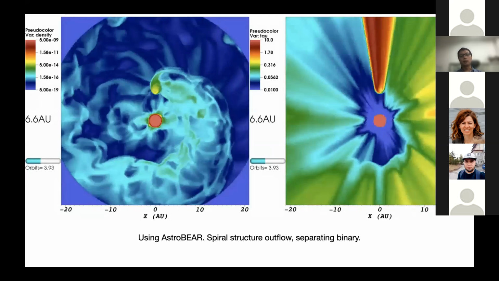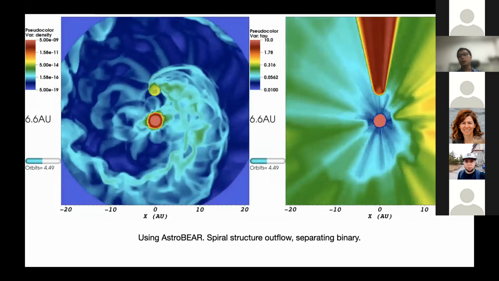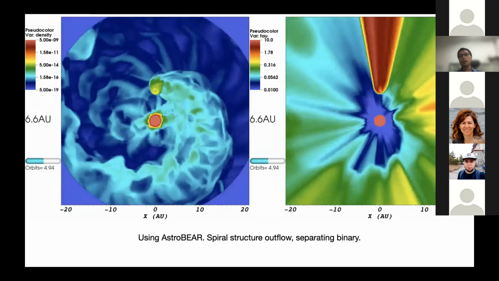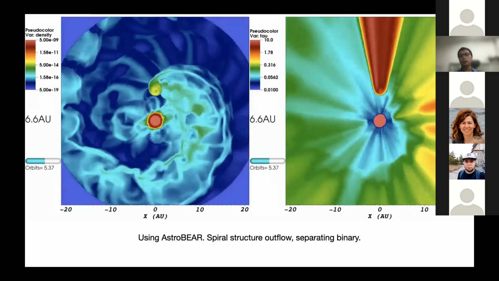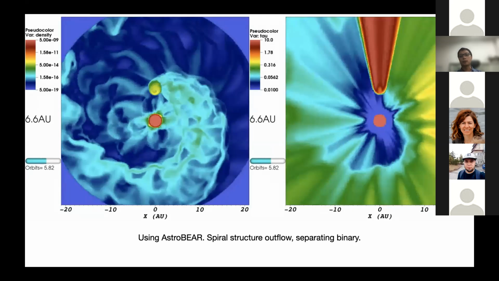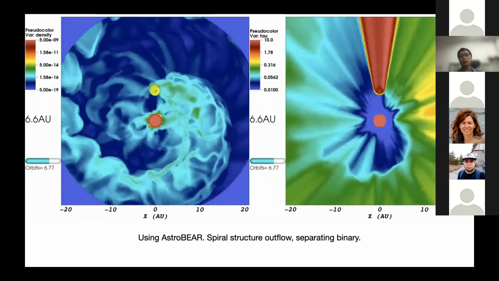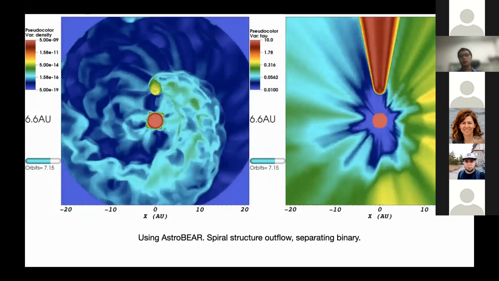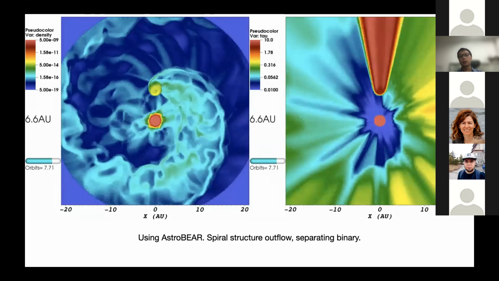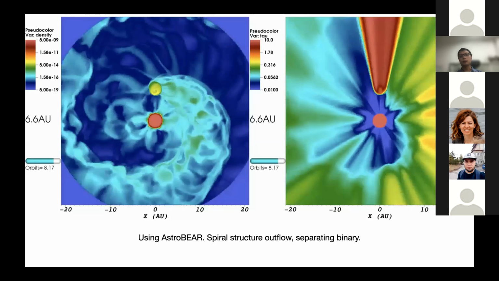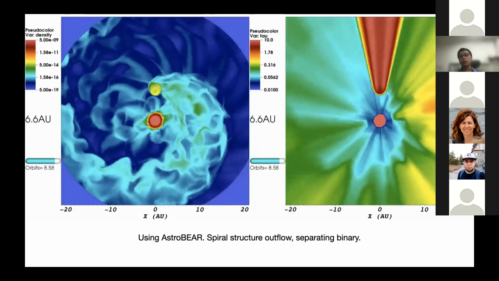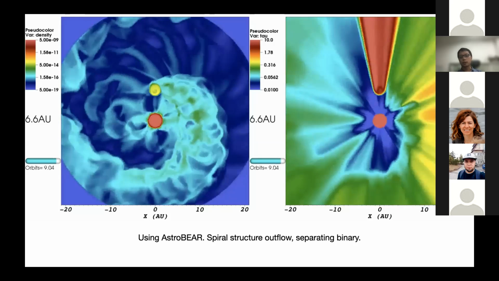Similarly, the accretion disk also casts a strong shadow behind it. However, in this case, the optical depth is much smaller, and the radiation pressure on the material is much greater than in the first case, and the gas just keeps flowing out and forms a spiral structure.